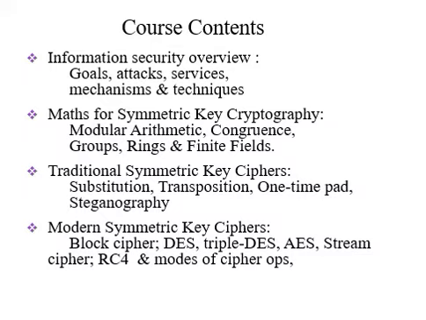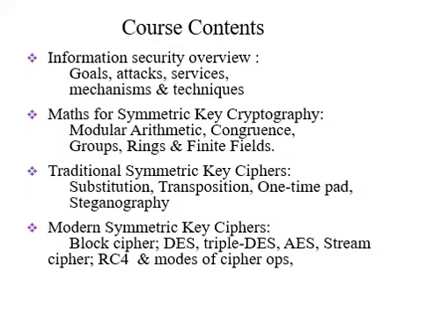The fourth section covers the modern symmetric key ciphers, where we will discuss different block ciphers and stream ciphers. Block ciphers include the Data Encryption Standard DES, triple DES, and the Advanced Encryption Standard, AES.